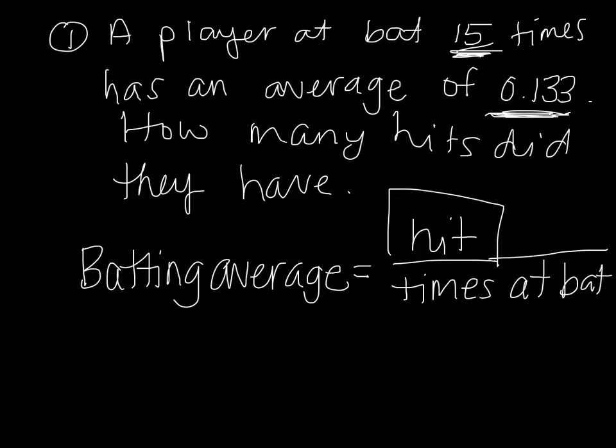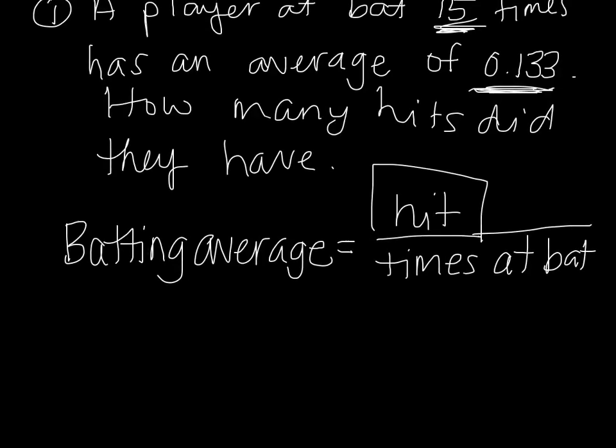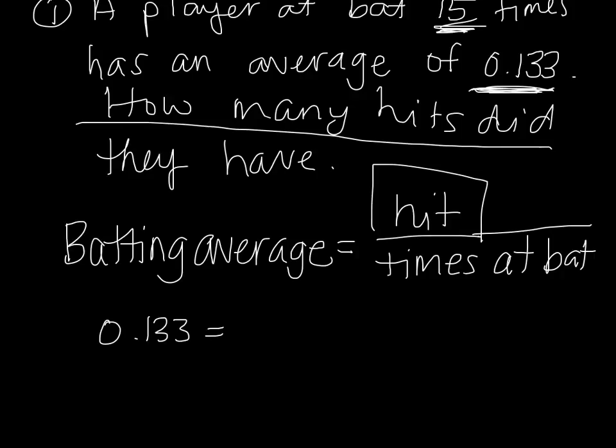I'm going to move all this stuff up here quick, because I don't want to get rid of my information. So batting average. Boom, here it is. 0 and 133 thousandths equals how many times we hit. Do we know how many times they hit? No, because we need to figure out how many hits they had. So we're going to just do hits over times at bat, 15.